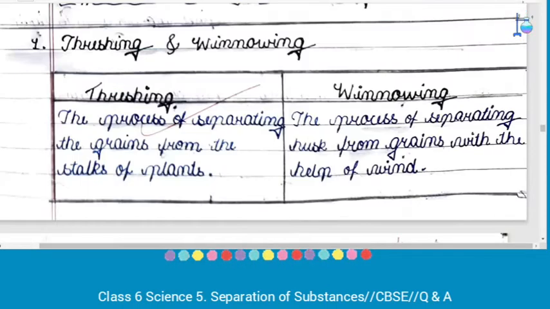First one is threshing and winnowing. What is meant by threshing? The process of separating the grains from the stalk of plants is called as threshing. What is winnowing? Winnowing is the process of separating husk from grains with the help of wind.